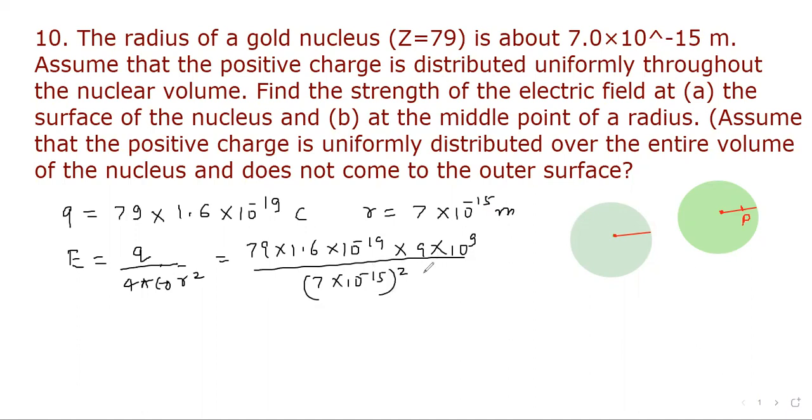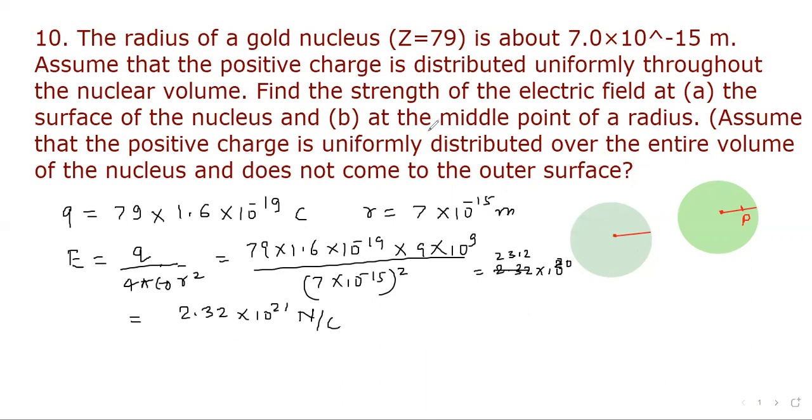So we will get it as 2.32 into 10 to the power 20 Newton per coulomb. Sorry, calculation is a little wrong, it is 23.2 into 10 power 20, or 2.32 into 10 to the power 21 Newton per coulomb. So this is the answer to the first part.